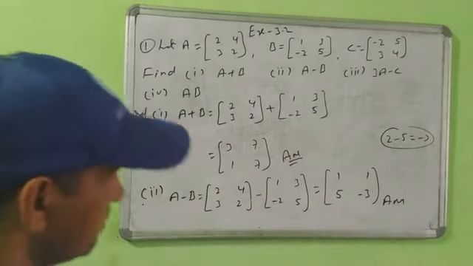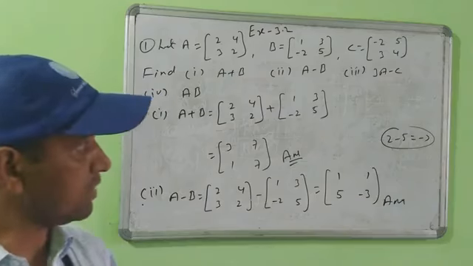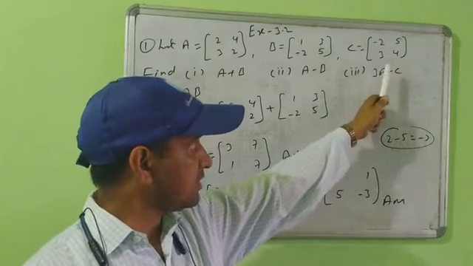Then we will solve the third part, 3A minus C. How to multiply and then how to subtract: first we multiply by 3, then we will subtract.